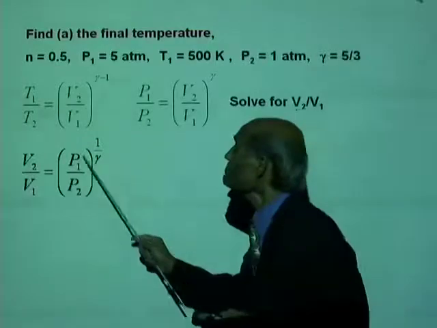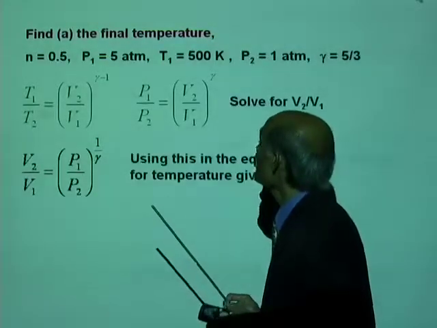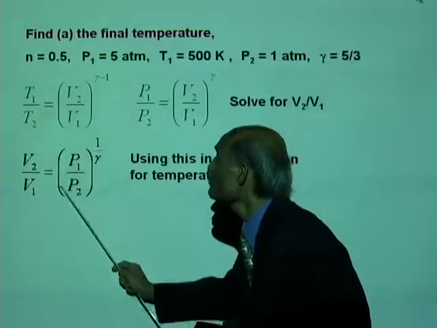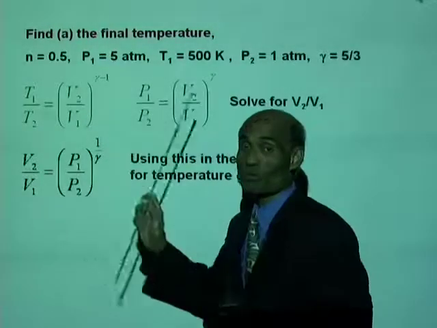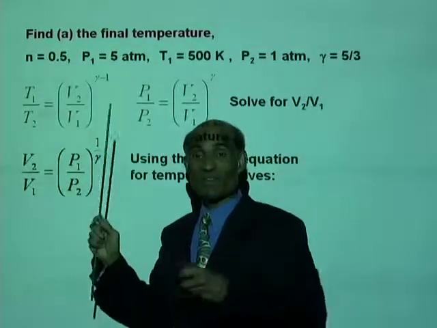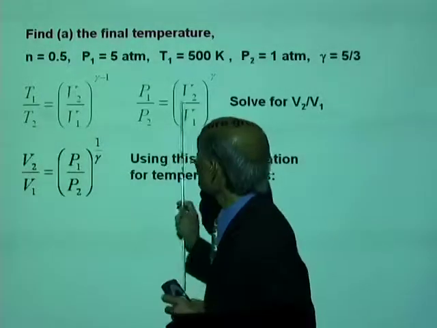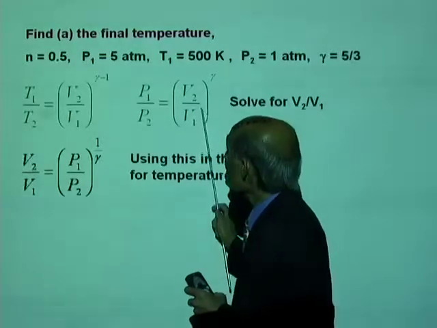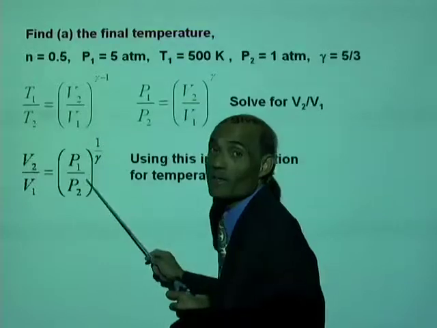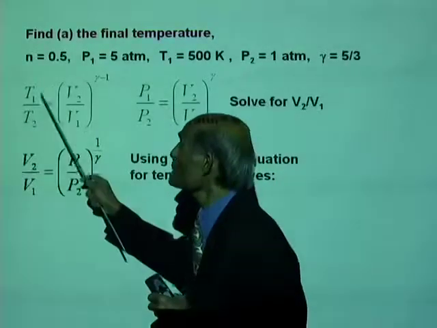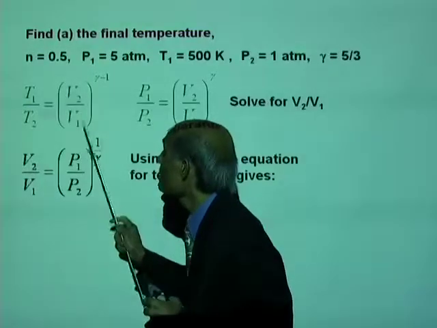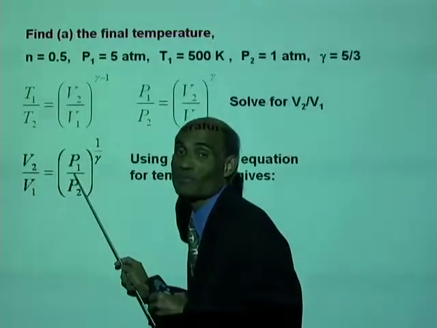Now, we know P1 over P2, therefore we can now use this in the second equation. Remember, our aim is to find T2, the final temperature. That is our aim. So, we used this equation, we solved for V2 over V1, and let's now go to this first equation and replace this V2 over V1 by this quantity.